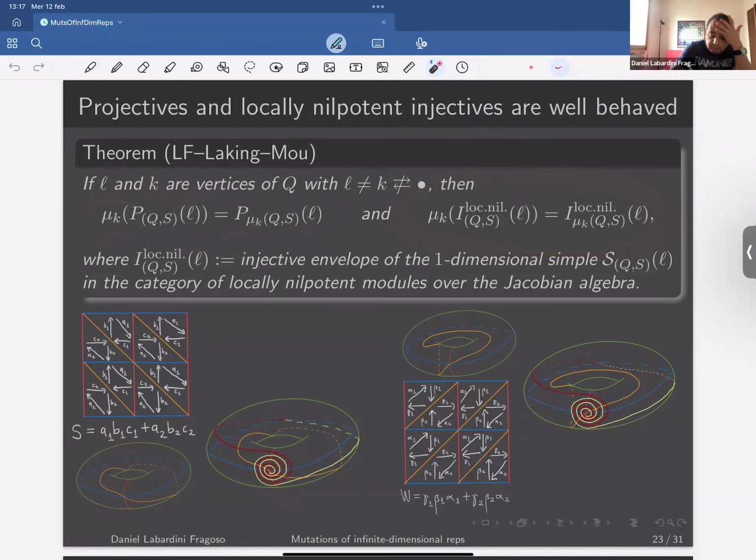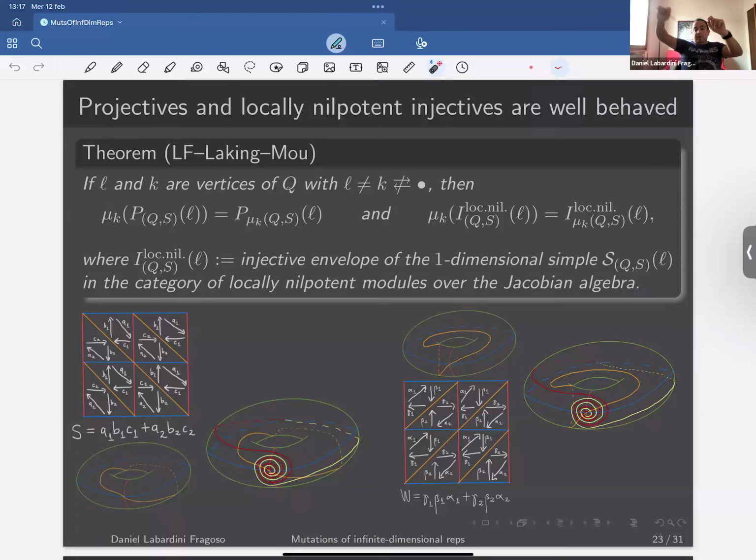You take the injective envelope of the one-dimensional simple at the given vertex, but that injective envelope you take not in the whole category of modules, but only in the category of locally nilpotent modules, where a module is locally nilpotent if for every vector in the module, there is a sufficiently long length with the property that every path longer than this length annihilates this vector.